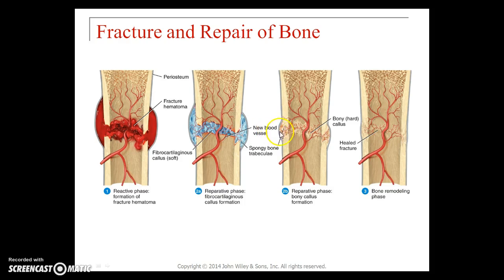But even after healing, there's a permanent area on the healed fracture that looks a little bit different than the surrounding bone. So for the rest of a person's life, the place where the break happened will show up. It might be kind of subtle, but it will show up on X-ray. So anyway, those are fractures.